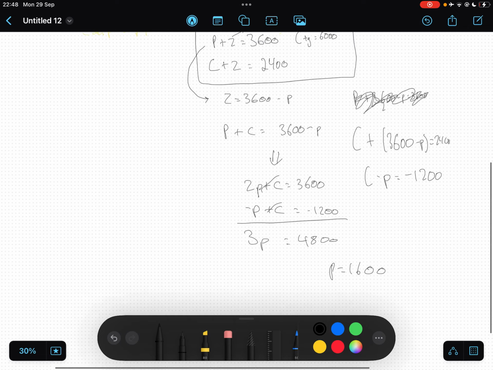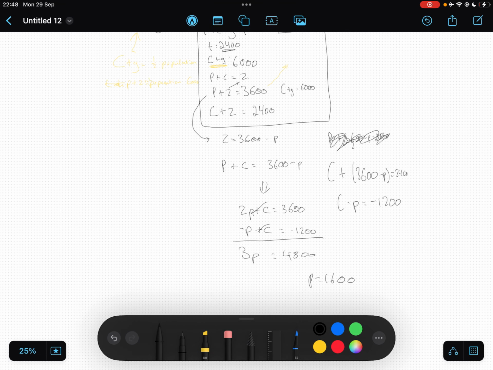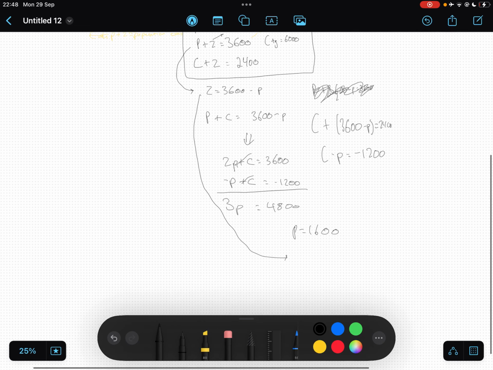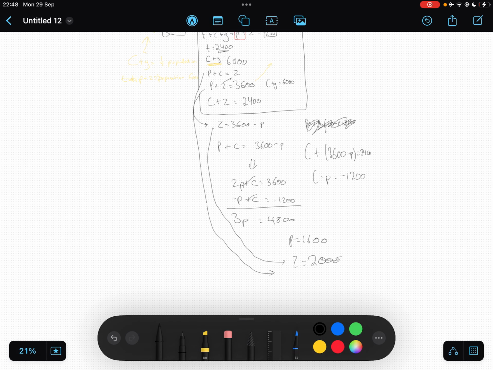If P equals 1,600 and we go back to this, that means that Z will equal 3,600 minus 1,600, which is 2k. Let's see what else we have. We can work out C as well then. C is going to be Z minus P, which is 400.